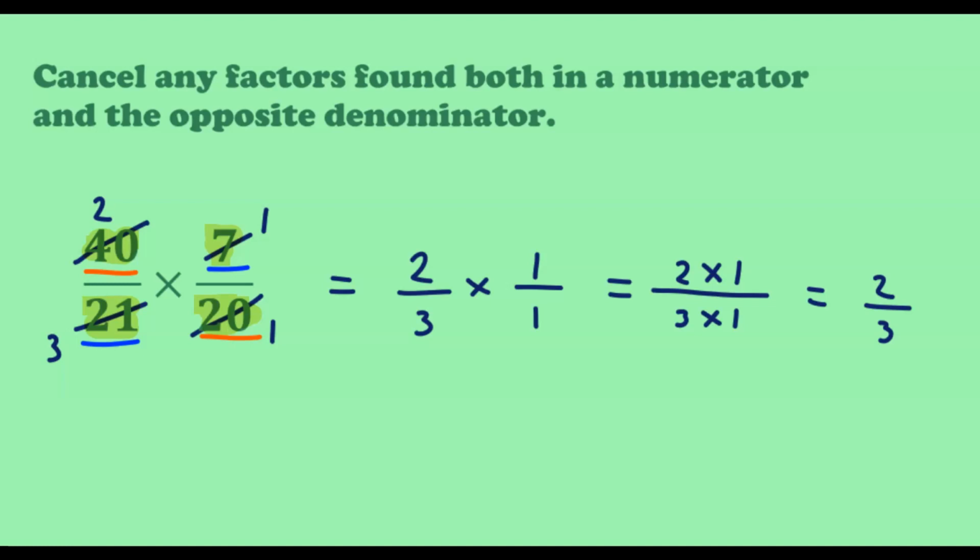Now it is possible to use the method of cross-cancellation with any other factor. We don't always have to use the greatest common factor. The only difference is that if we use any other factor, then we'll need to do more simplifying at the end. That is, in this case, we obtained 2 over 3. We did not need to simplify this at all. This is already a simplified fraction. But if we use some other factor, then we need to simplify at the end.